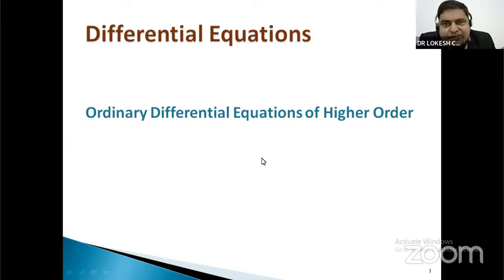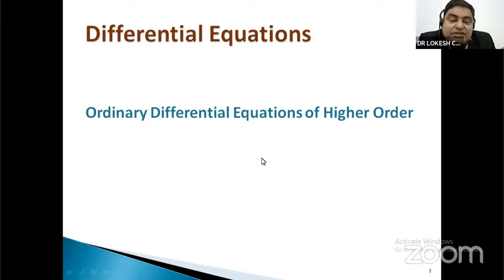The very basic definition of a differential equation is this: suppose we have an equation which contains an unknown function which we have to determine from the equation, and that equation contains that unknown function and also its derivatives. Then we say that it is a differential equation.